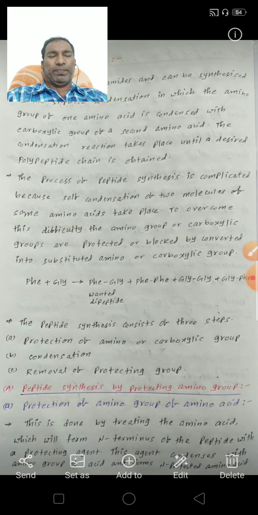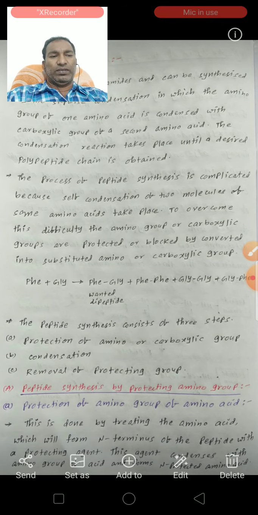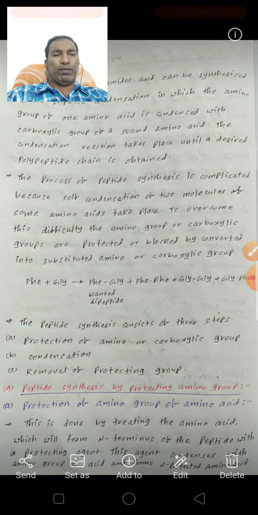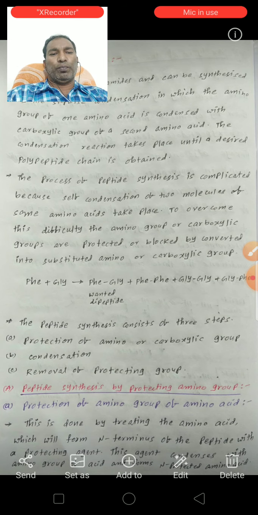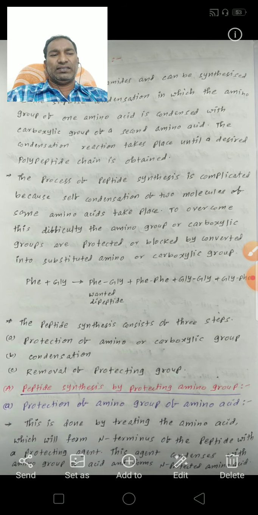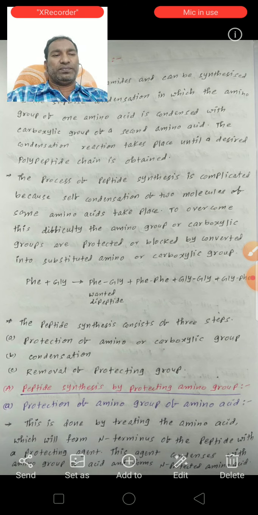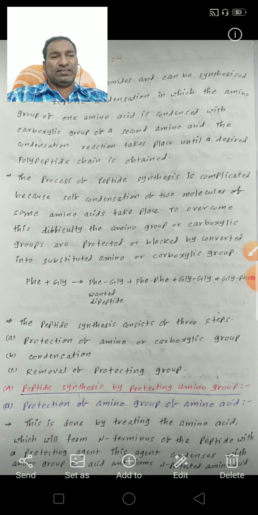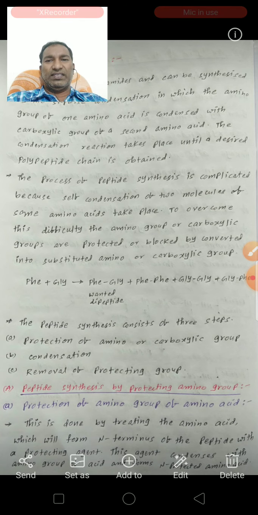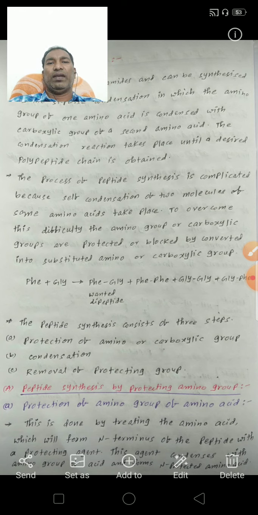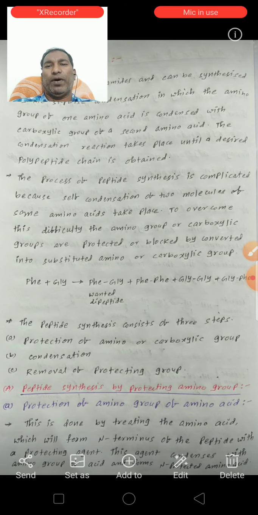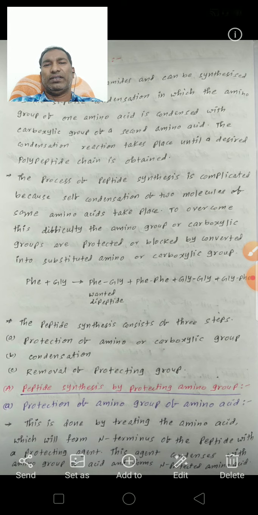So generally peptides form from two or more amino acids in this condensation. The amino group of one amino acid reacts with the carboxylic group of the second amino acid. Next, the condensation reaction takes place until the desired polypeptide chain is obtained.